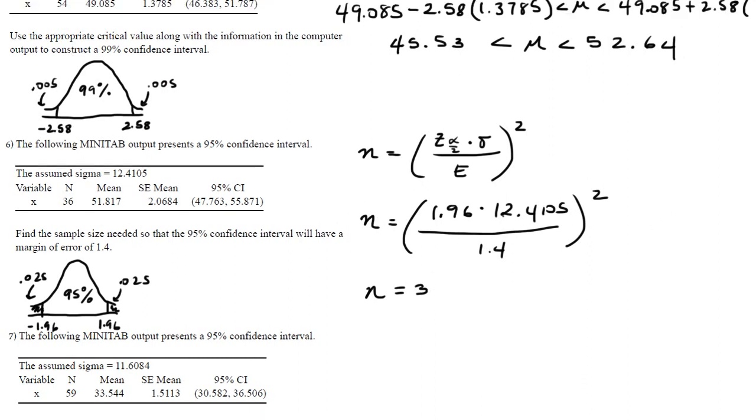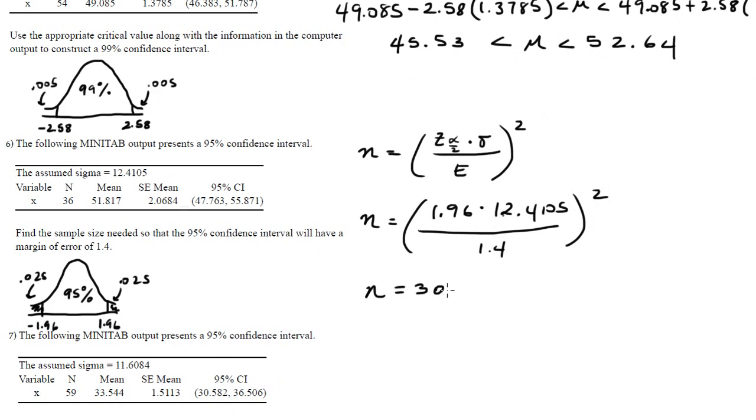Oh gosh, what did I do? I pressed something funny. 301.88. So my sample size needs to be this big in order for the 95% confidence interval to have a margin of error of 1.4.